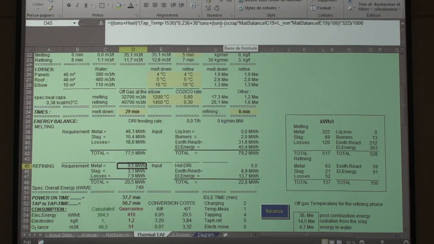You see I have this mass, this weight, and I loop back again here with the same weight again, minus the liquid steel tons. It should be zero. But to be sure, I add this again.